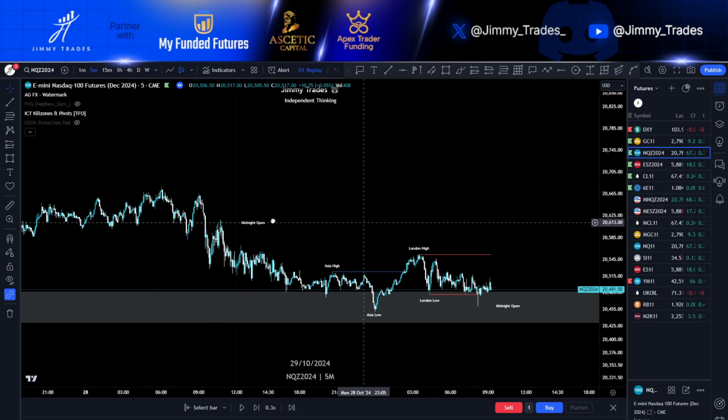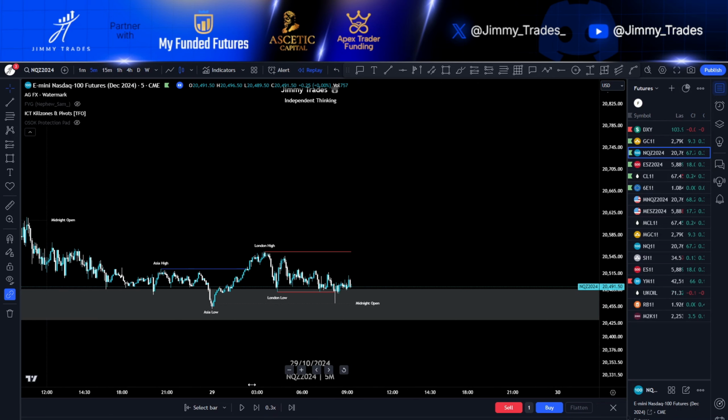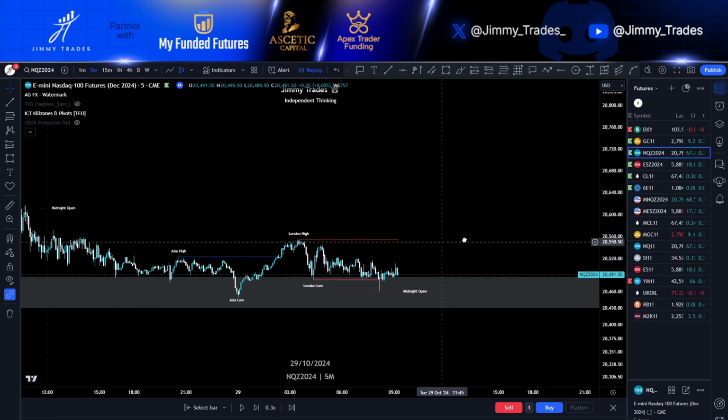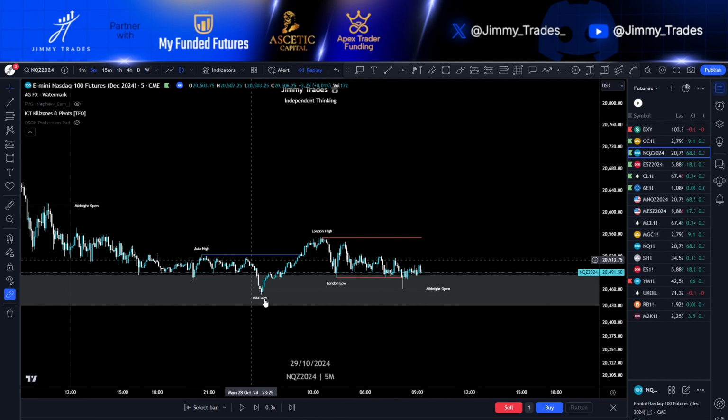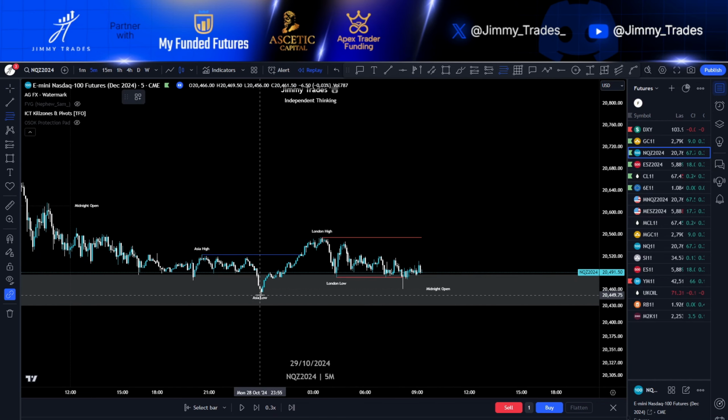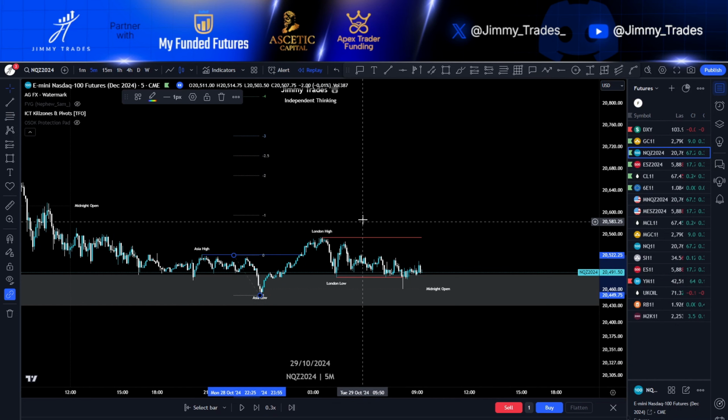So moving in to open, I was looking at the Asia range manipulation. That was this leg here. So first thing I did was project that range. Okay.